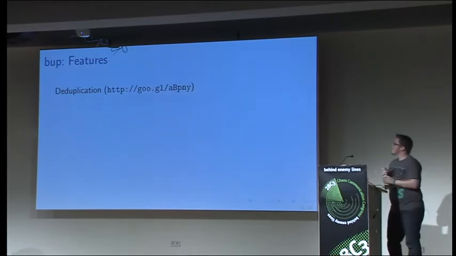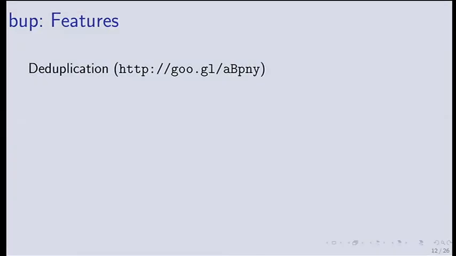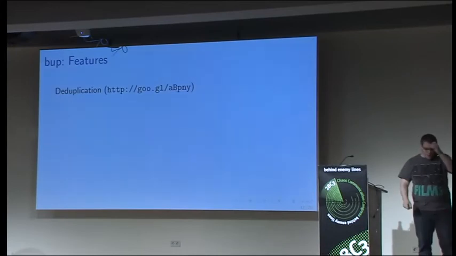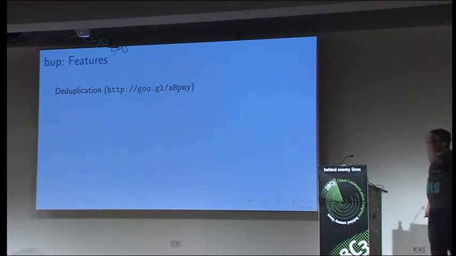Okay, first feature is deduplication. You know, one of our motivations is to have space-efficient backups. This is the link to a mailing list thread that discusses some benchmarks I did. Somebody came to the mailing list and said, okay, I use rsnapshot, why should I use BUP?